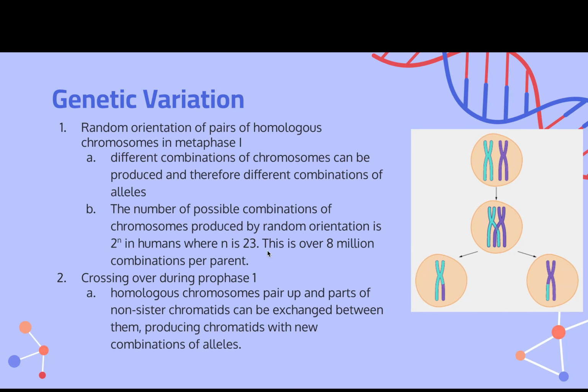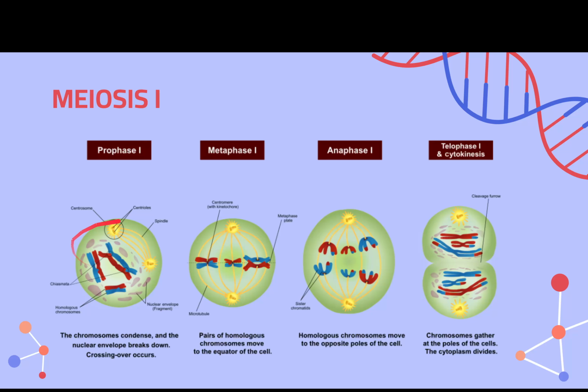The other way we have genetic variation is during crossing over in prophase 1. So in prophase 1, we have the pairs of homologous chromosomes present in the cell.